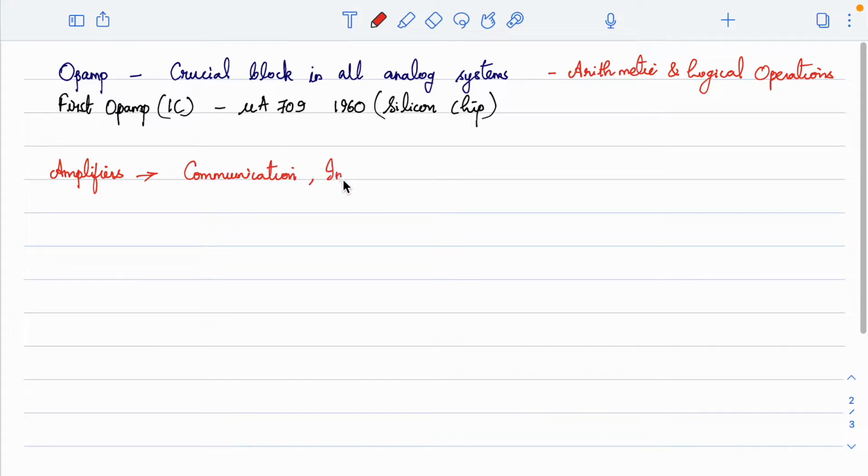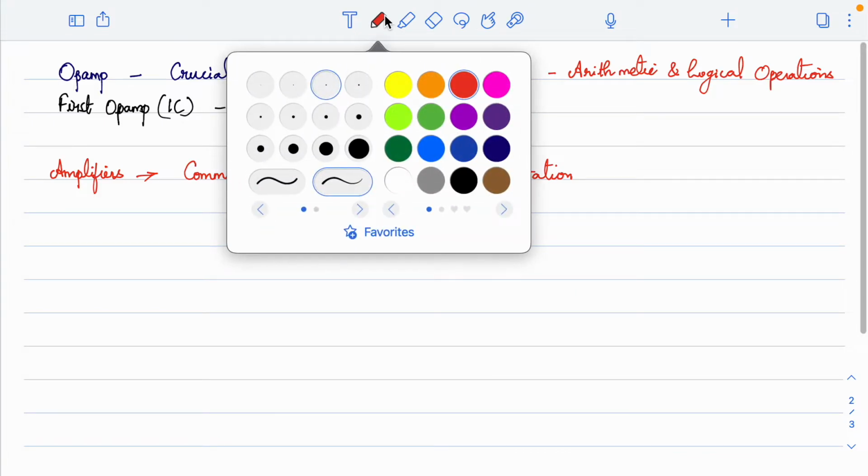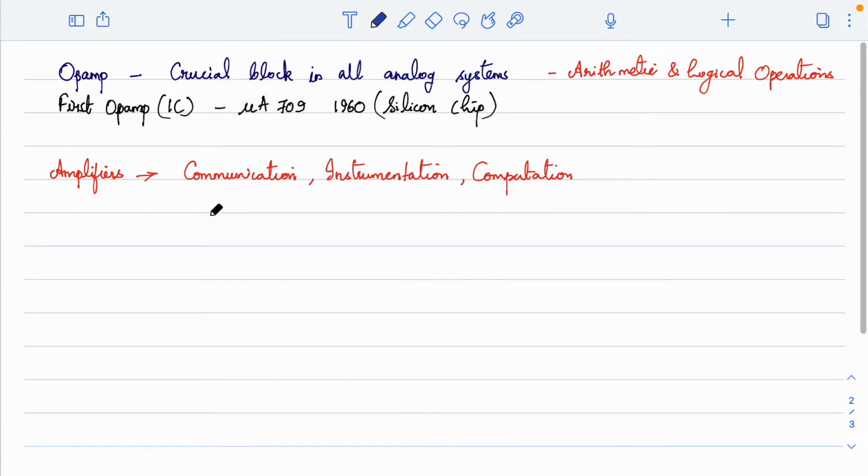It is used in instrumentation applications related to all the physiological signals in the body, and it is also used in all the computation related things, right? So these are the three common areas where we use amplifiers. And in general, if you look at an amplifier, why do you use an amplifier?